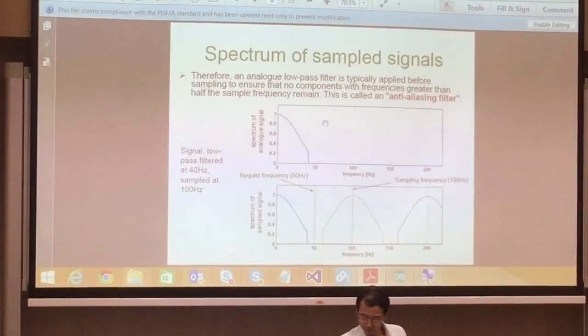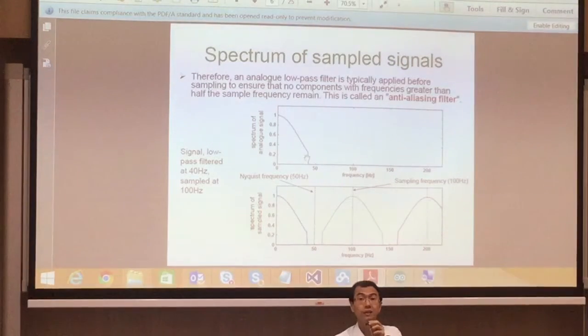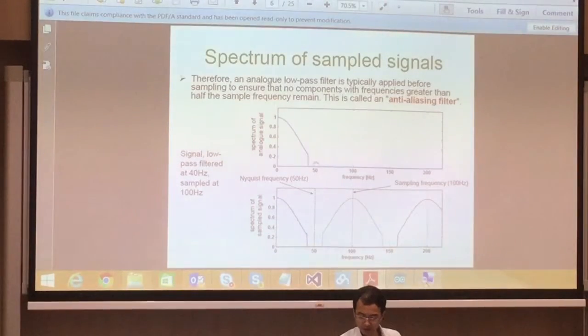So you use a low pass filter to filter out all the frequencies above, let's say, 40 Hz. Now you don't see anything above 50 Hz. If you sample this signal at 100 Hz, then we'll be fine, because now you don't see any aliasing.